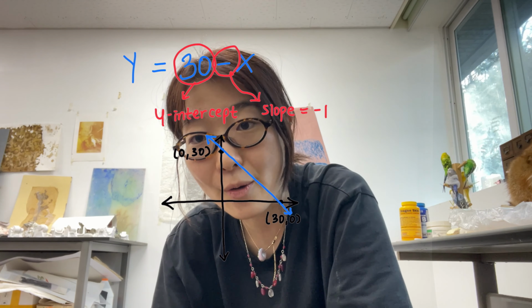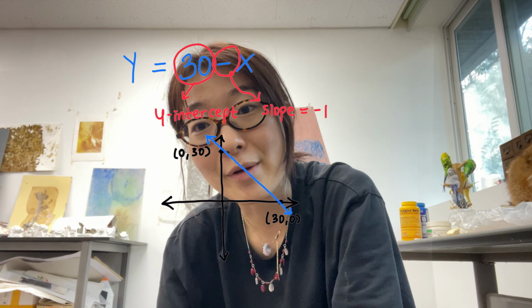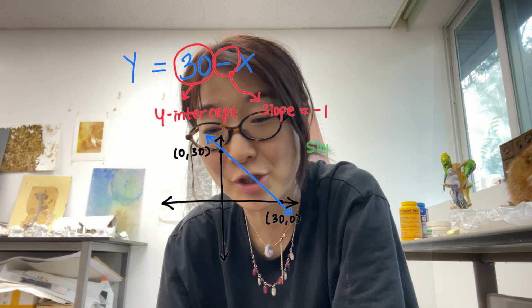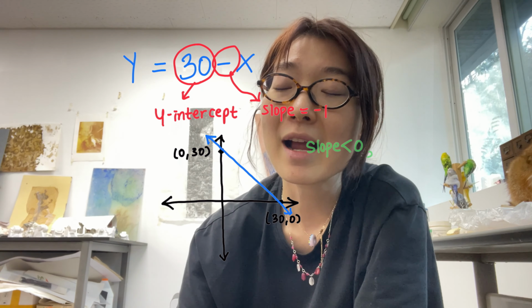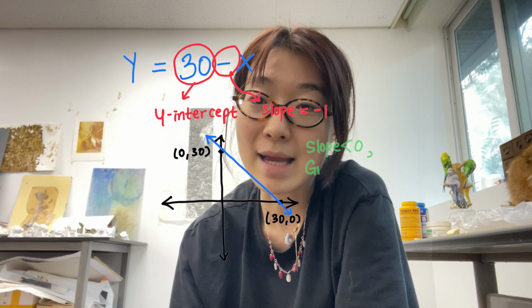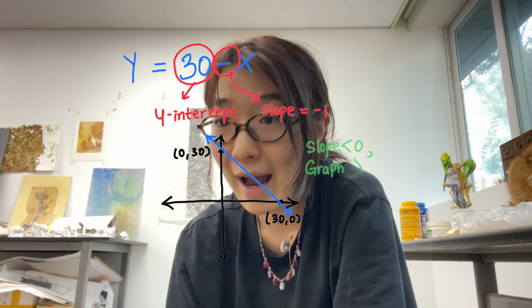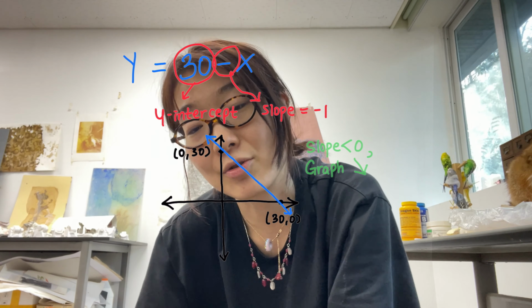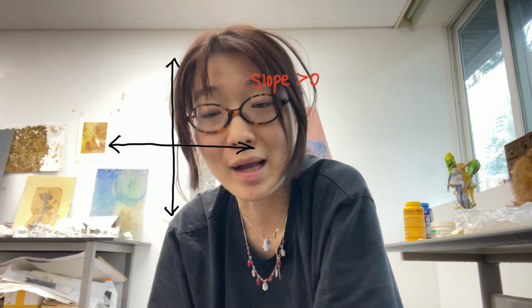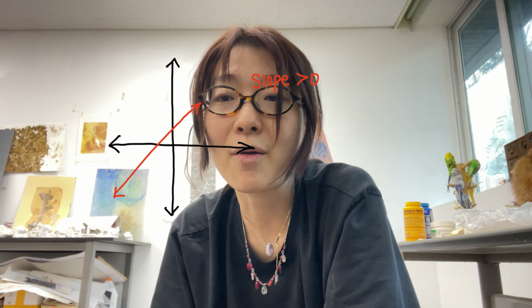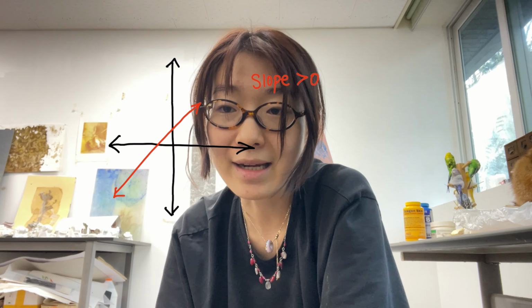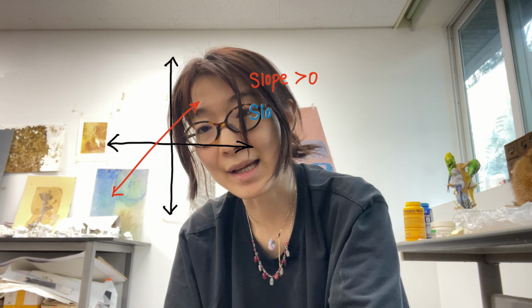So now we know that when our coefficient is negative, the coefficient becomes our slope value, right? So when our slope is negative, our graph is essentially decreasing. So now we know that when our slope is positive, our graph is increasing, and when our slope is negative, it's decreasing.